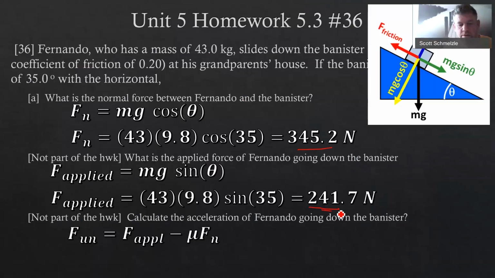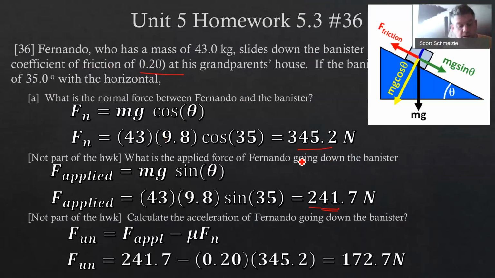So we'll take this applied force, and then we'll use our 0.2 up above, which is our coefficient of friction, and this 345. All right. So once we do that, we see 241.7 minus 0.2 times 345.2. That ends up equaling about 173 newtons of unbalanced force. This thing is going to move down the slope, down the banister.